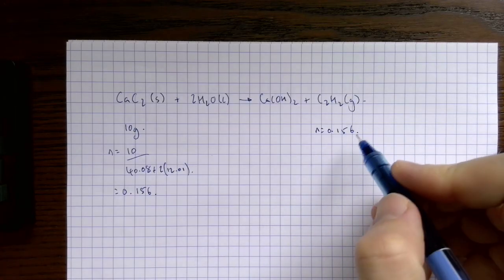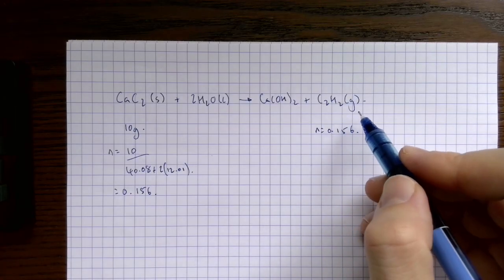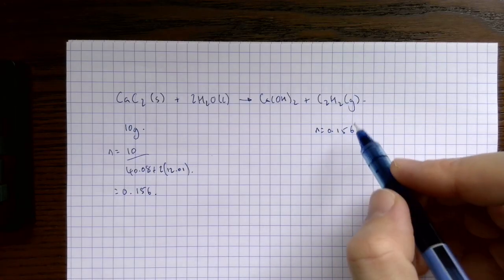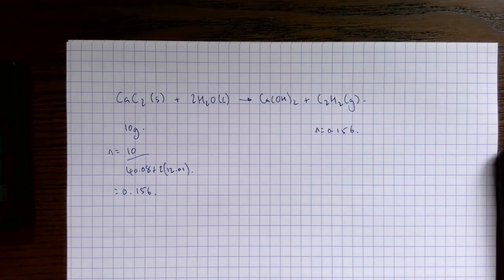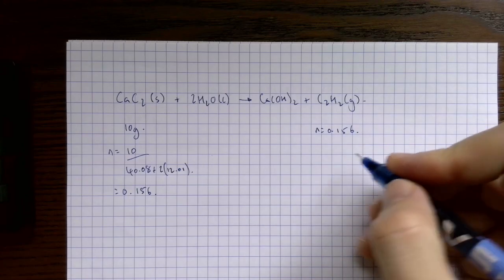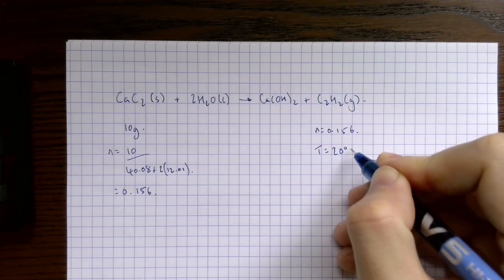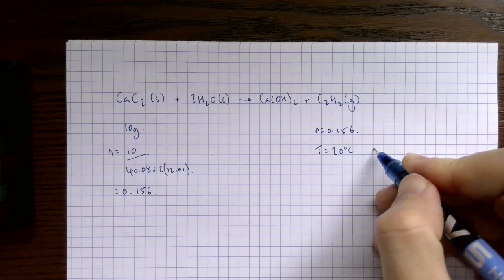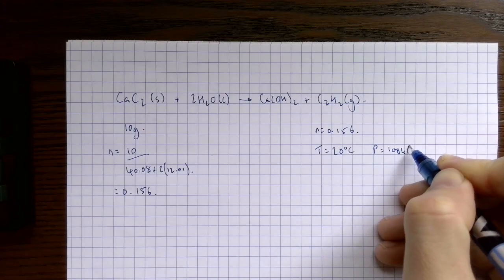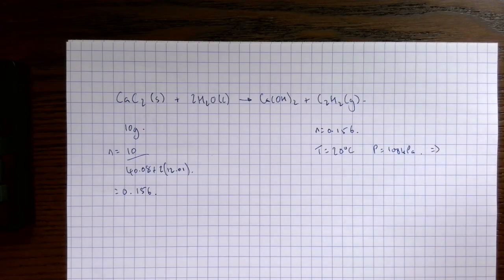Okay, and now the only new bit is that this is a gas, so I want to work out the volume. If you are given data for the conditions, for example, if the temperature is 20 degrees C and the pressure is 100 kilopascals, then you just go straight ahead and use PV equals nRT.